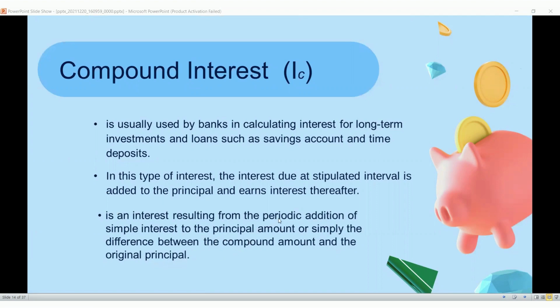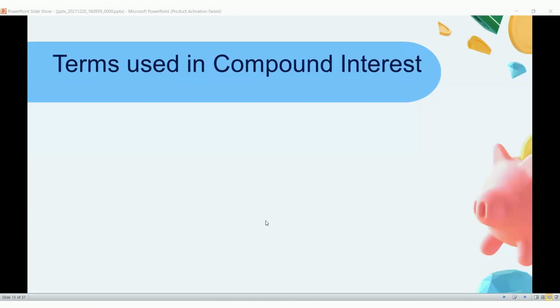So, kada period ay nagko-compound dito ng interest. And para mahanap din siya, i-minus mo lang yung compound amount, or yung future value, sa original principal.